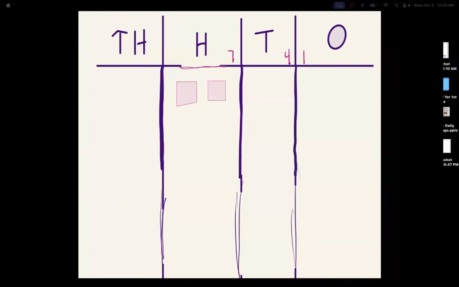So 100, 200, 300, 400, 500, 600, 700. Oh, Kinsley says there's 7 too. Good job, Raghav. You have 4 ten sticks. And then last but not least, good job, Kinsley. You have 1 ones cube. Nicely done, Noah.